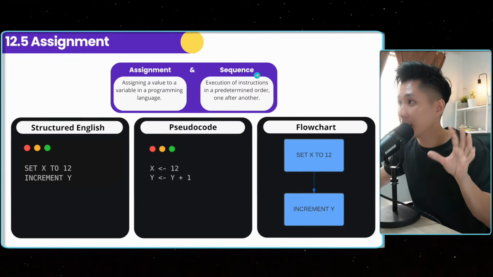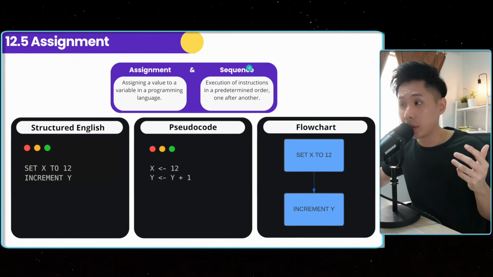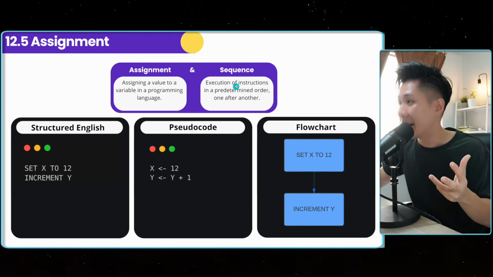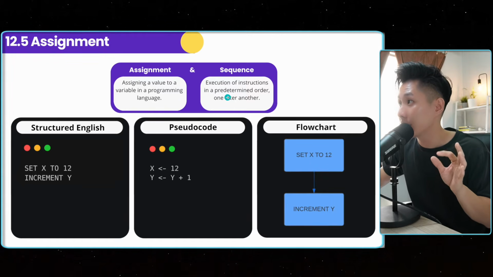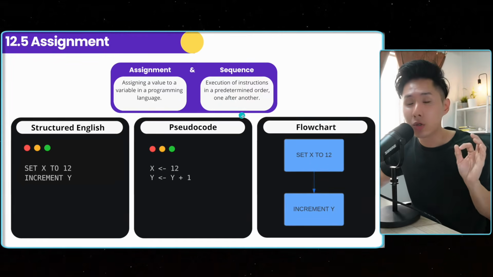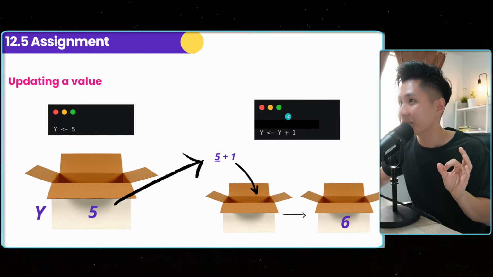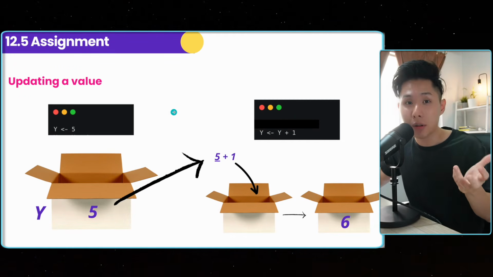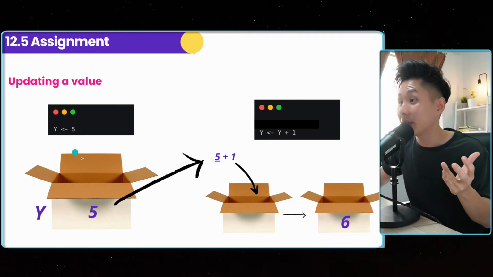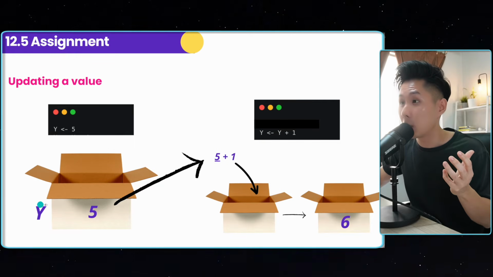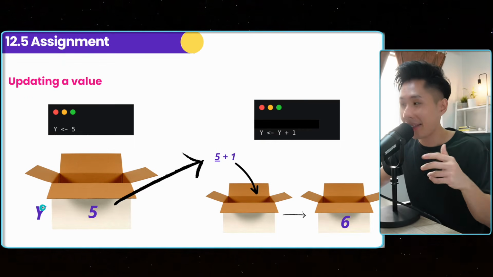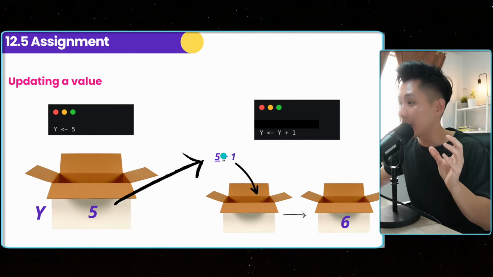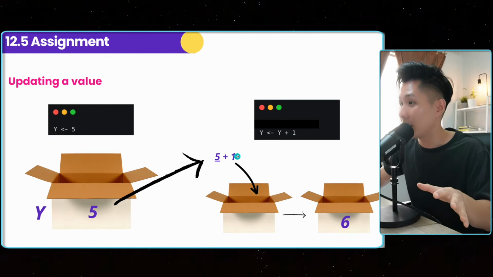Another thing about this slide is that sequence also matters. The execution of instructions has to be in order, which we'll look into in a while. So these are some of the things we can do in our pseudocode. Let's say you assign the value 5 to a variable called y, and later you want to increment it by 1.